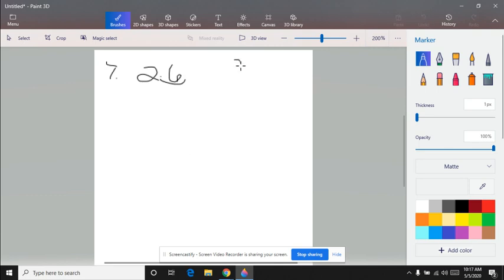So maybe you can't double 2.6 in your head, but you sure can write it over here. You could take it times 2, or you could do 2.6 plus 2.6, whichever you prefer. 6 plus 6 is 12. Carry the 1. 2 plus 2 is 4, plus 1 is 5. That decimal comes straight down. It's 5.2.